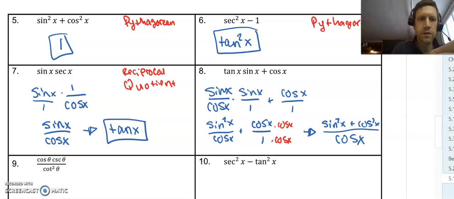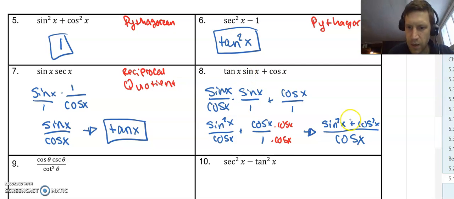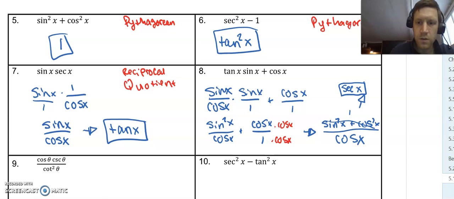So let's see, let's keep simplifying. Do we agree that this part's going to be equal to 1, right? So this is really 1 over cosine of x, which gets me secant of x. So we did a lot there. We did reciprocal.